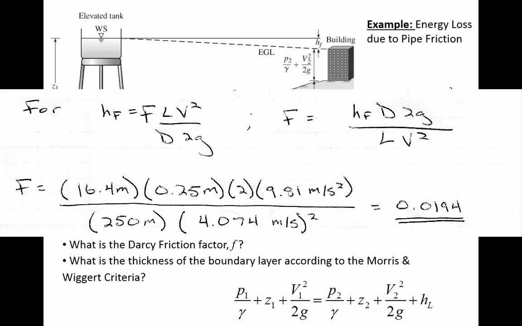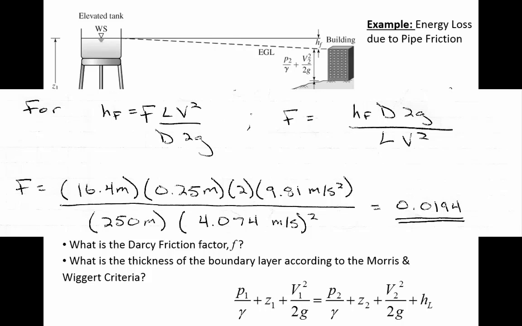0.0194. Just to give you an idea of the typical range of roughness values, f values are usually between about 0.008 and 0.04. That's kind of the normal range.